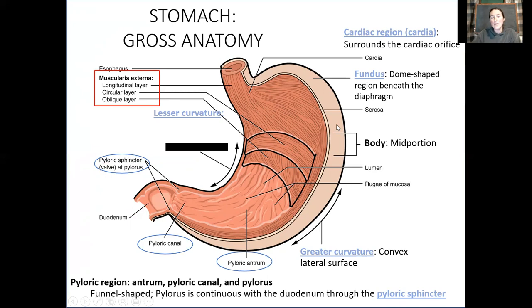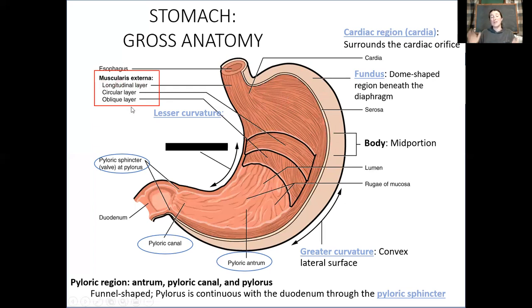Now a couple other things before we move on to the next slide. Note here that the serosa has been removed from the stomach in this region right here. Removing that outermost layer of the stomach lets us see one, two, and three layers of muscularis externa.